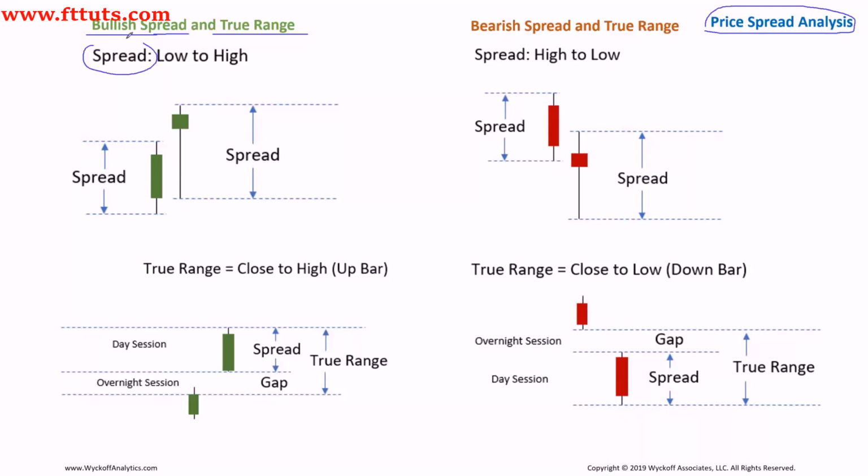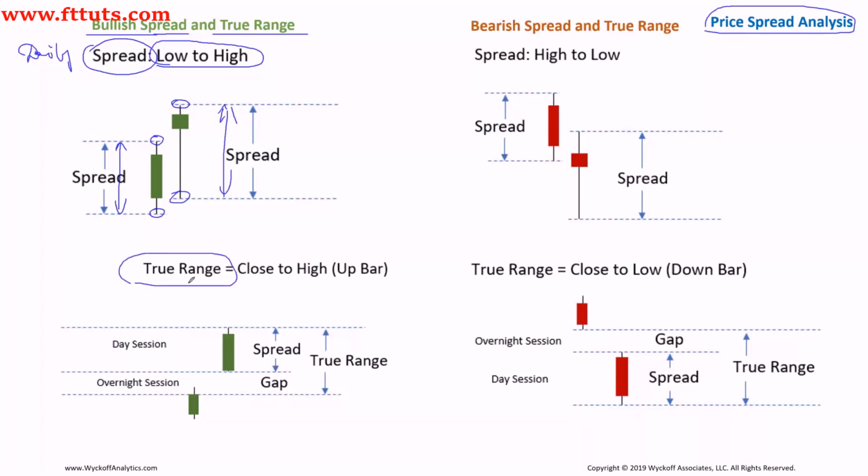So the spread by itself, or sometimes we would say on the daily chart, a daily spread, is the distance between the low and the high of the spread. So we would take the high and the low, and that would be the measurement of the spread. The true range is something different.